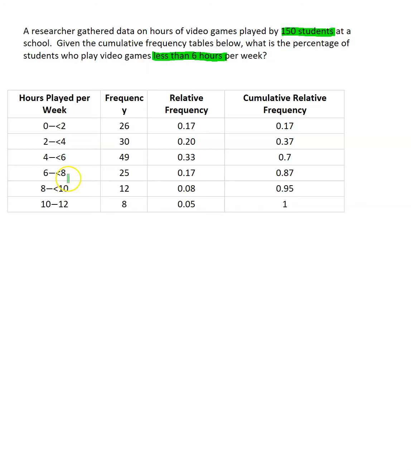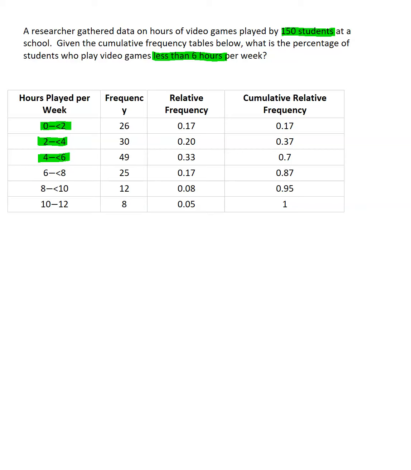So if you look at your table, what you have is 0 to less than 2 hours, 2 to less than 4 hours, 4 to 6 hours. So less than 6 hours per week would be all of these, right? And thankfully we have the cumulative table that gives us that information. It corresponds to that value, right? Less than 6 hours.